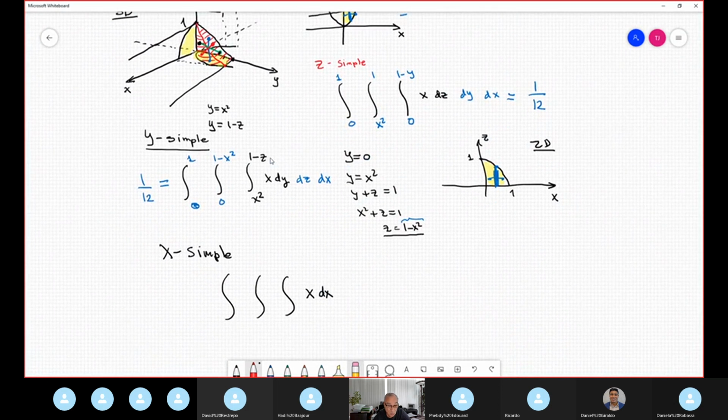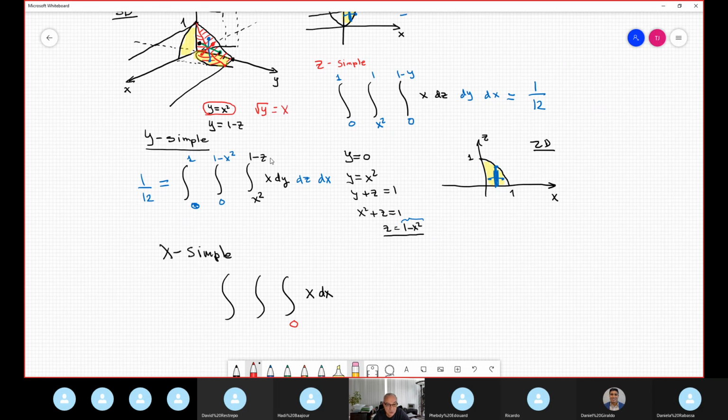from 0 to the x value of the parabolic cylinder. Now x is not already isolated, but I can take the square root of both sides: square root of y equals x.